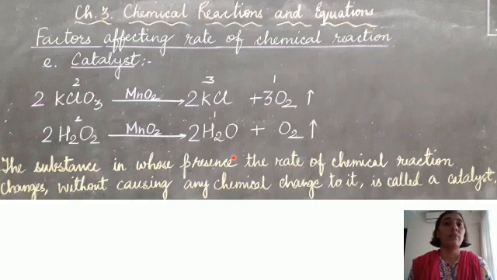So these are some examples of catalyst, and with this we come to the end of the factors that affect the rate of chemical reaction. In the next video or slide you will be learning another type of reaction, called oxidation reaction, reduction reaction and redox reaction.